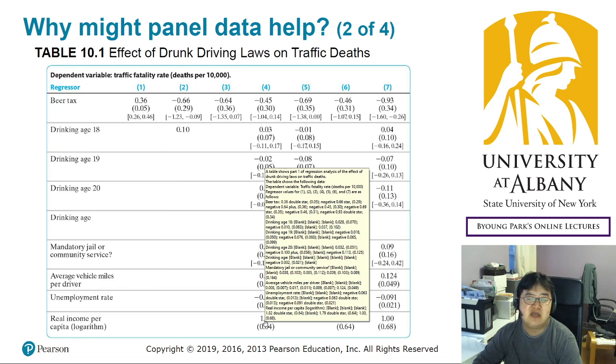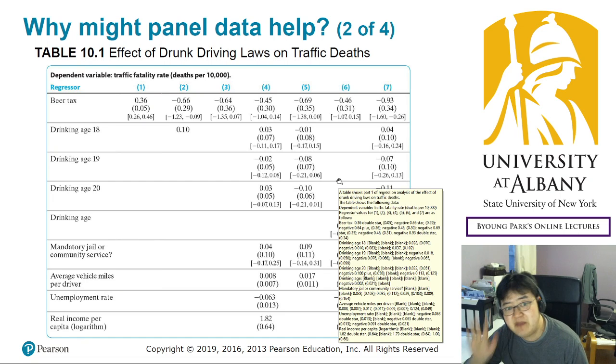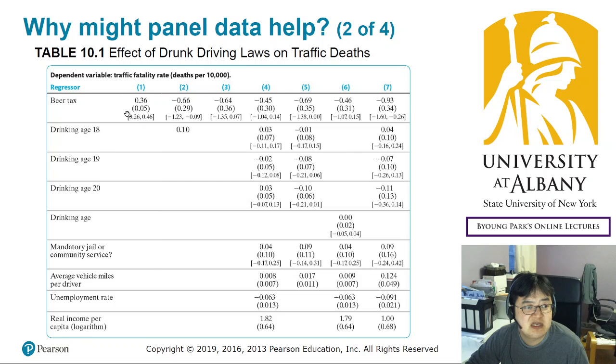So economic variables are more important control variables, and they cause a bigger omitted variable bias. Maybe because the variable of interest is beer tax, which is related to the economy. So unemployment rate or real income may be more correlated with beer tax than drinking age or minimum sentencing, something like that.